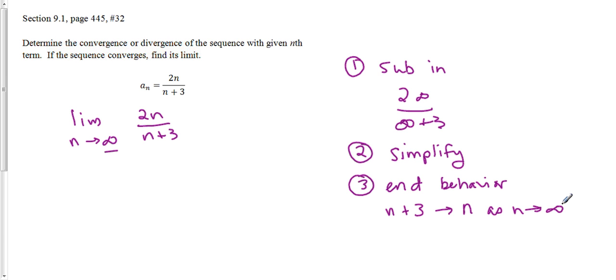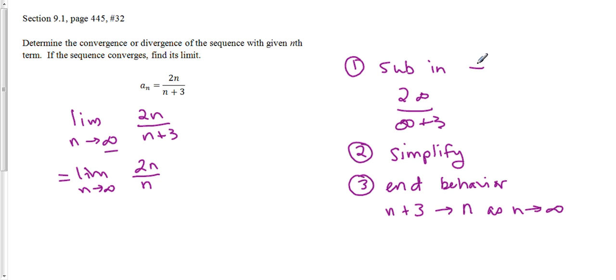So let's use that approach. I can rewrite my limit as n goes to infinity as 2n over n. I can't do anything about the numerator, but the denominator I'm going to rewrite as n, because we assume that n plus 3 will behave as n. Now I go through my list again.